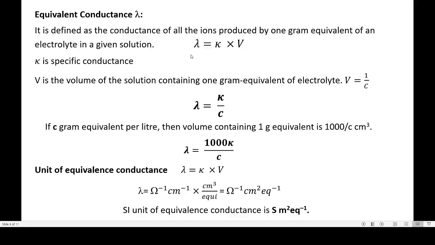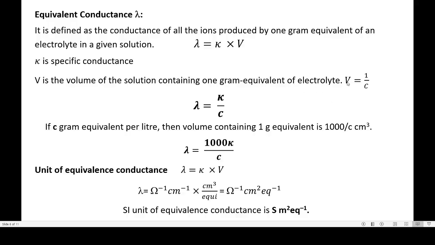It is given by the relation lambda is equal to K into V, where K is specific conductance and V is the volume of the solution containing 1 gram equivalent of electrolyte.